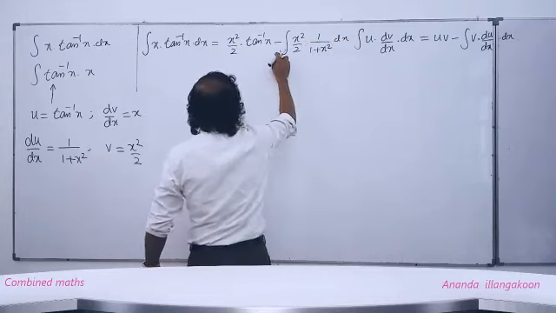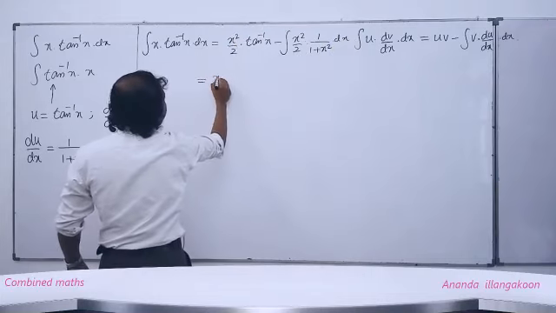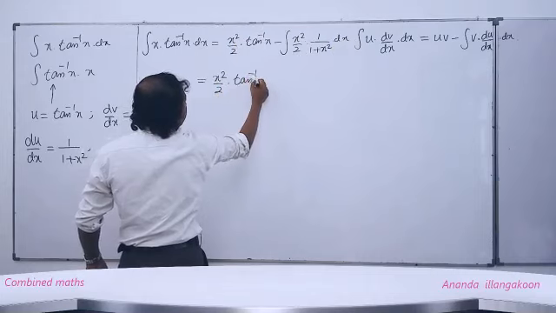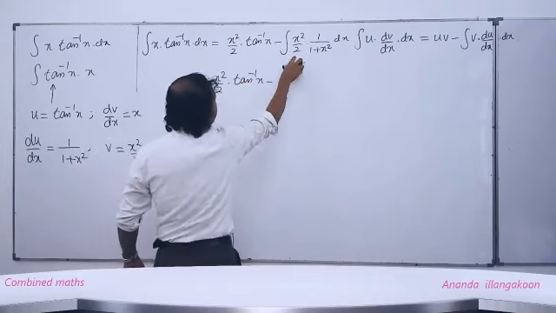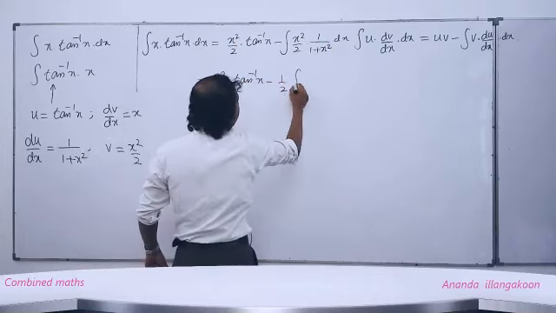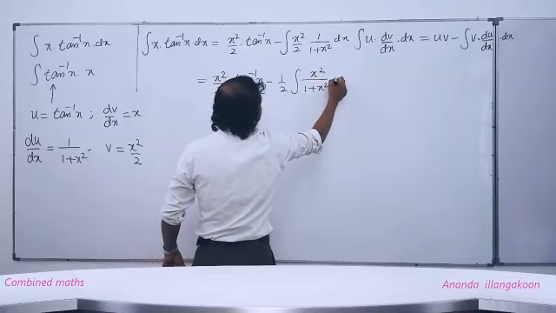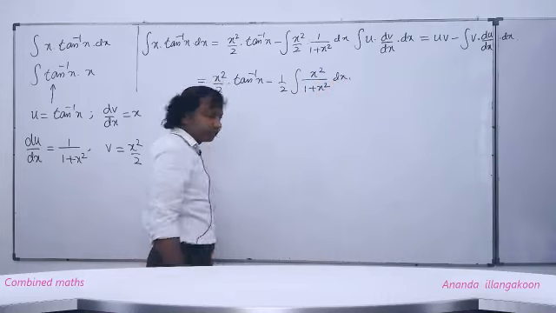Take this 2 out, people. Right? Also take this 2 out, we get half, x squared divided by 1 plus x squared dx. We get this.